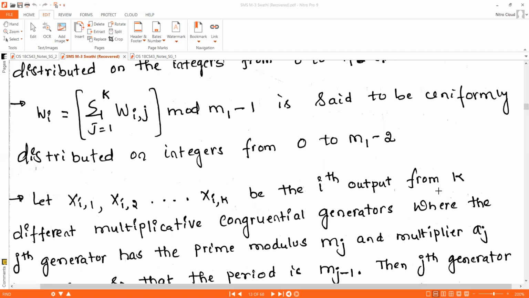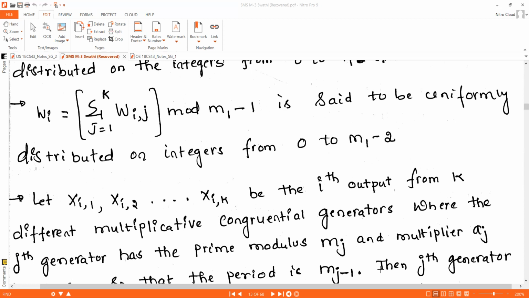Now let Xi,1, Xi,2, up to Xi,k be the ith output from k independent multiplicative congruential generators, k different multiplicative congruential generators.